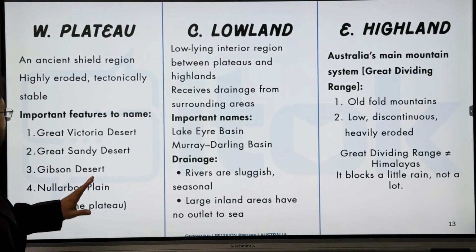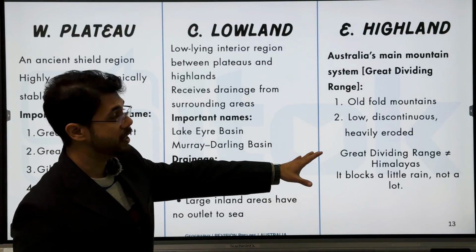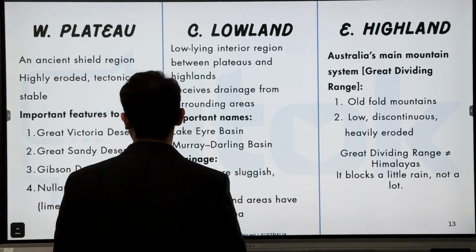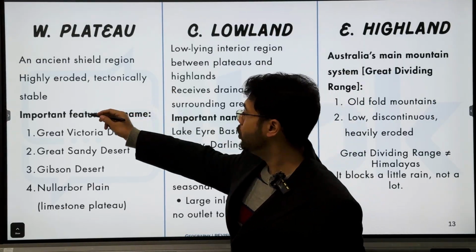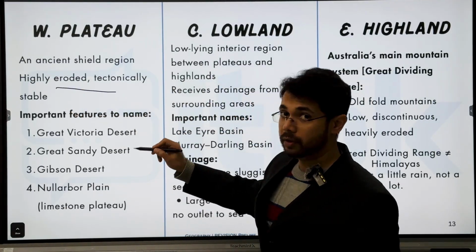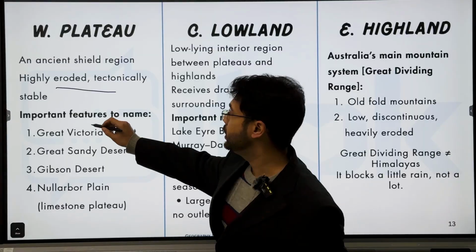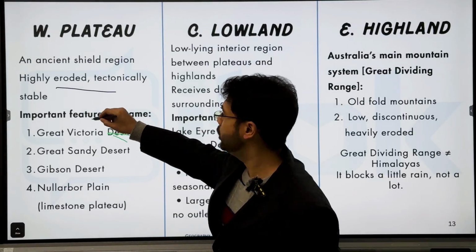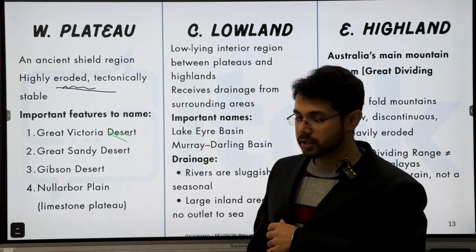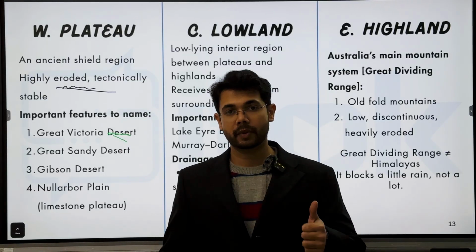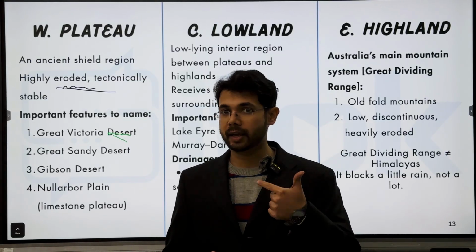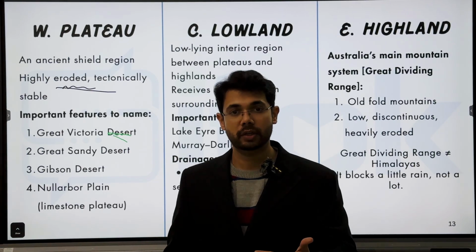In relief, we have three: Western Plateau, Central Lowland, and Eastern Highland. Let's look at the Western Plateau first. Western Plateau, as explained, is highly eroded, tectonically stable. Entire Australia is tectonically stable. Why is it highly eroded? The biggest reason is that, first of all, it's extremely dry. High pressure, falling Hadley cell, and number two, cold oceanic current, the Western Australian current.